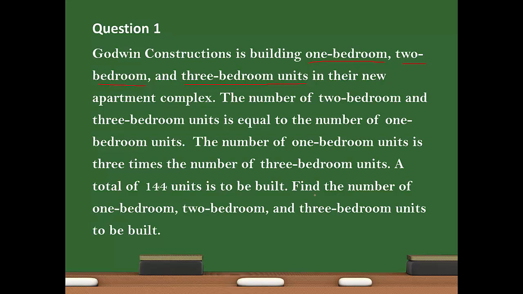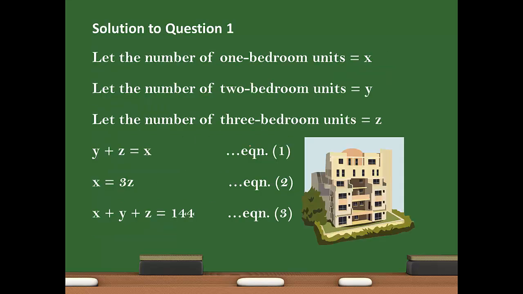They told us to find the number of 1-bedroom, 2-bedroom, and 3-bedroom units. And what we don't know, we assign variables. Okay, so that's the first thing we do. Let the number of 1-bedroom units be x, the number of 2-bedroom units be y, and the number of 3-bedroom units be z.